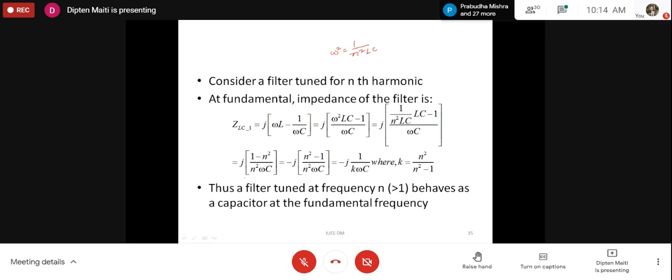So here you would find that this should become something like this, and finally if we further simplify, we have a minus here, and we have a constant term, or we can take the omega to be constant with this.